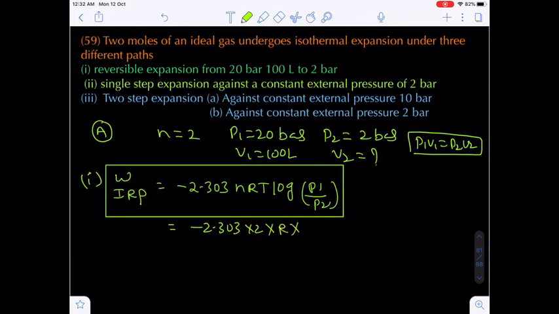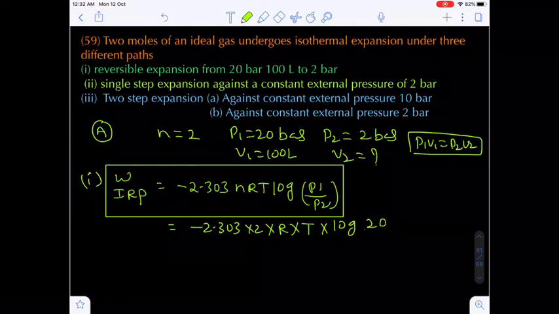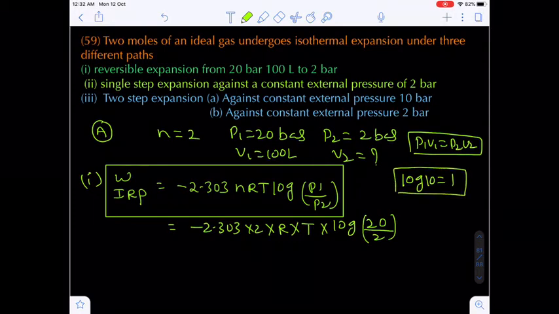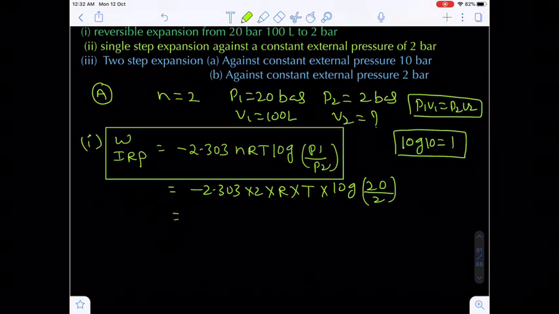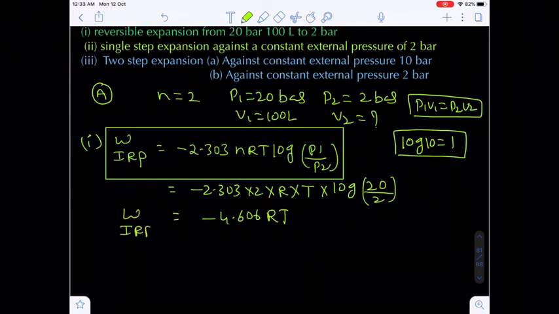The temperature value we don't know, so write the temperature as it is. Log of P1 value 20 bar, P2 value 2 bar, 20 by 2 is 10. We know log 10 value is 1. So finally your answer will be minus 4.606 RT.